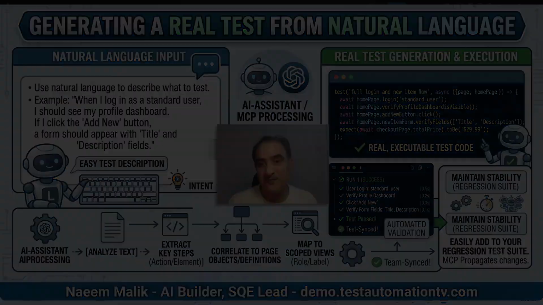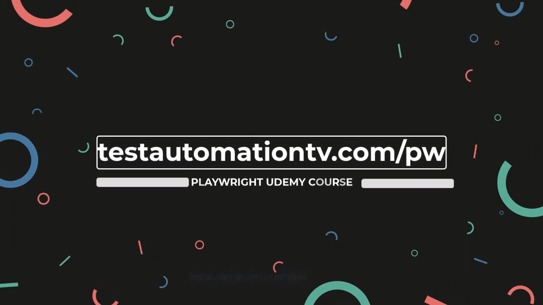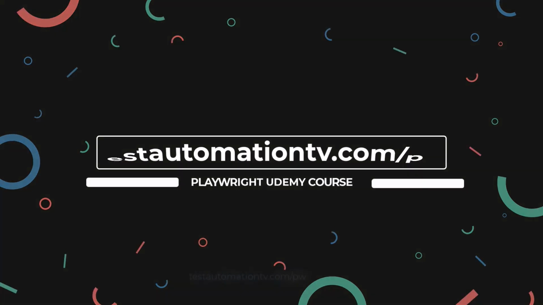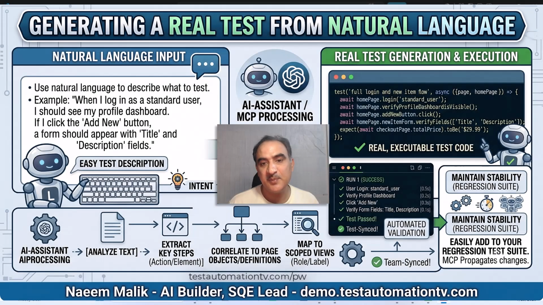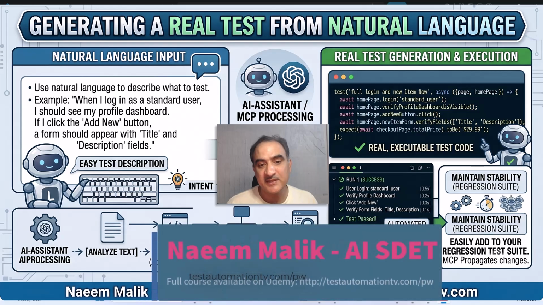We describe a flow in plain English and then we let the assistant explore it live and turn it into a saved test file that passes when we run it. By the end of this lecture, you will have a real spec.ts in your project that you never hand wrote.